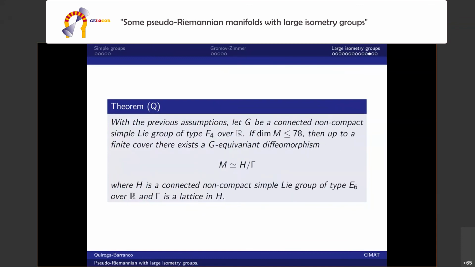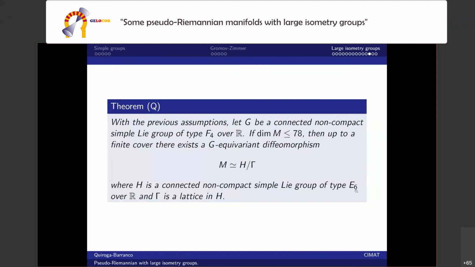Another result is interesting because it involves exceptional groups. If your G is one of the non-compact simple Lie groups of type F4 over R, and the dimension of M is less than 78, then your manifold is obtained from the exceptional group E6.